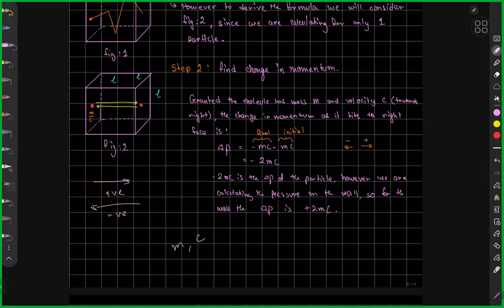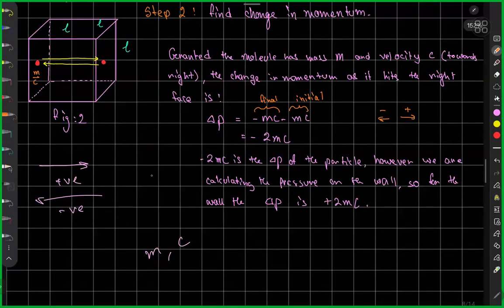Hopefully so. If there's a wall over here, I'm talking about this one. The particle goes, hits with momentum +mc, comes back with momentum -mc. Can we agree on this? Okay, fair enough.